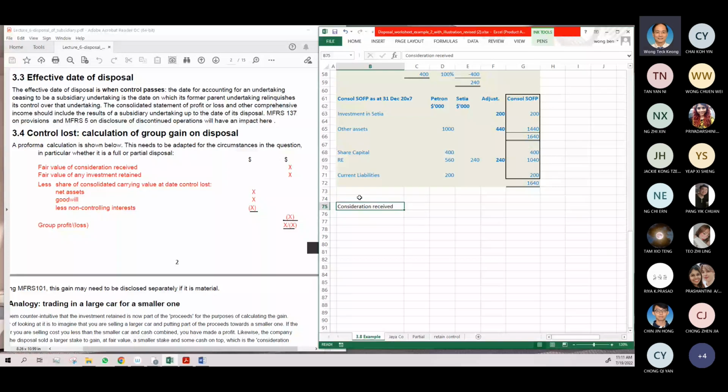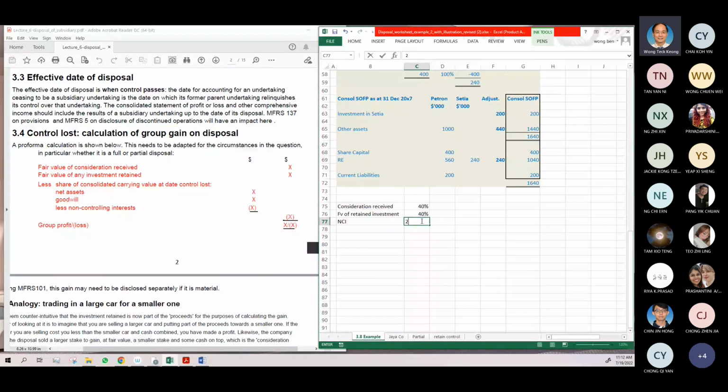Then let's say you have 80%, you dispose of 40%. So of your 80, you keep 40%. Okay, the fair value of retained investment. If you keep the 80, you sell 40, you keep 40%. So you have NCI also for 20.